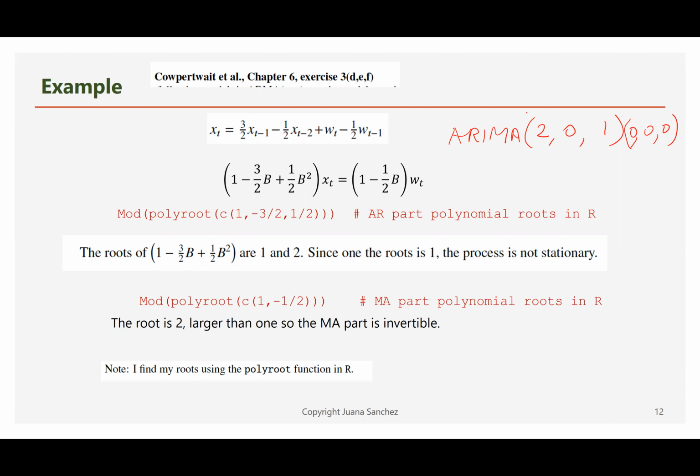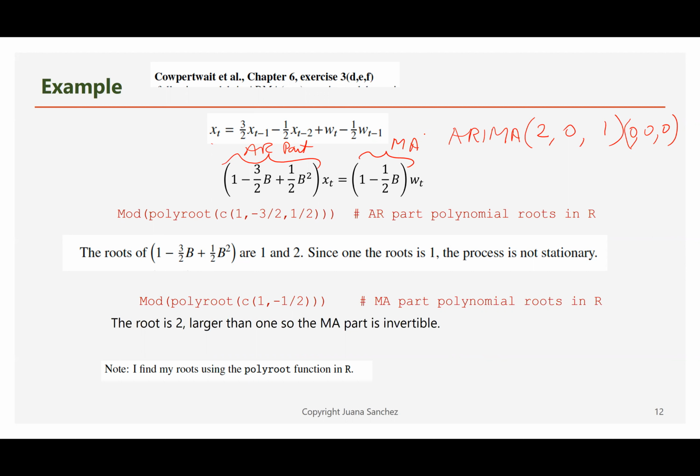So we write the model in polynomial form. We bring the AR part, so the AR part and trend part are always going to be on the left-hand side, and we have the MA part on the right-hand side. What we need to make sure is that we have the AR polynomial with the right signs, and that the polynomial is in the backshift operator.